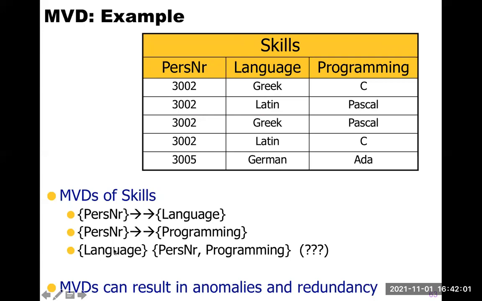And let's see what is the difference between language and the pair of first number and programming. Probably that's not a key, but we have a dependency. Each time I have, oh no, so that's not a dependency. So the other columns do not depend on each other.